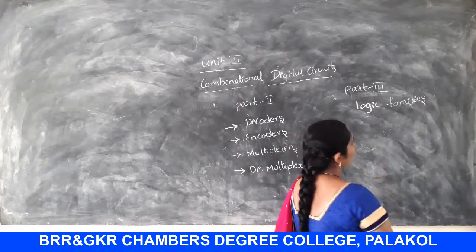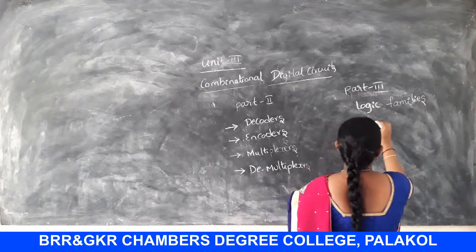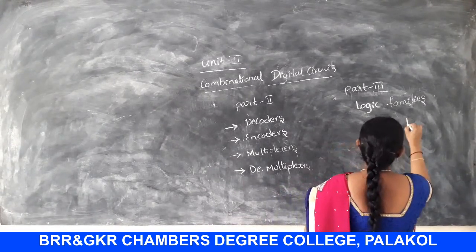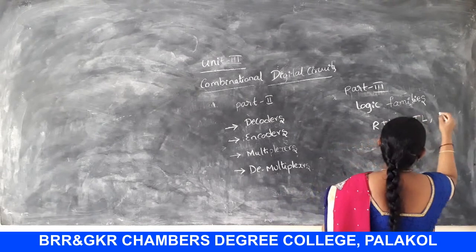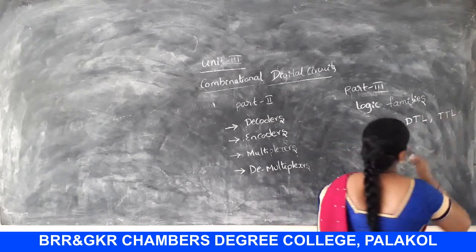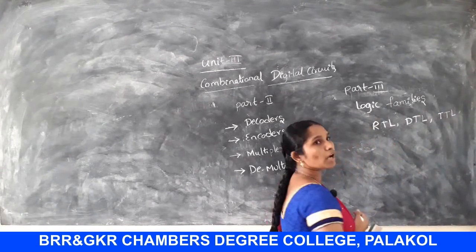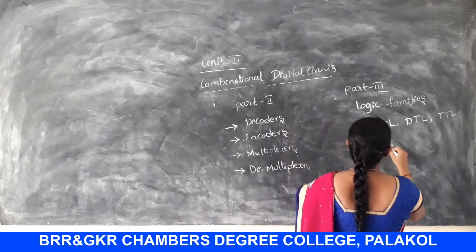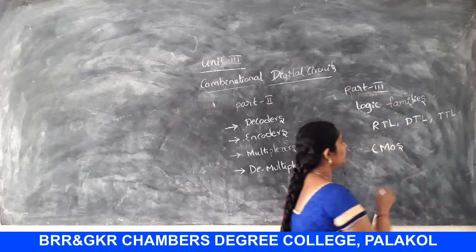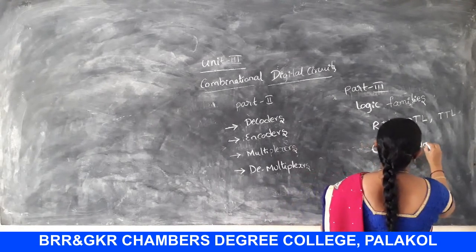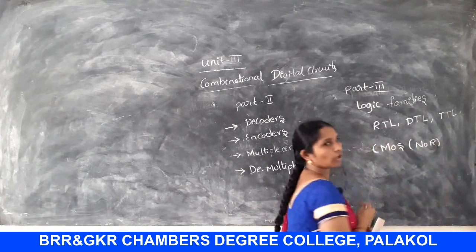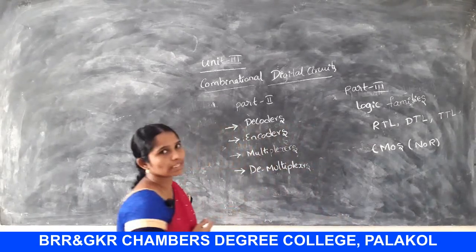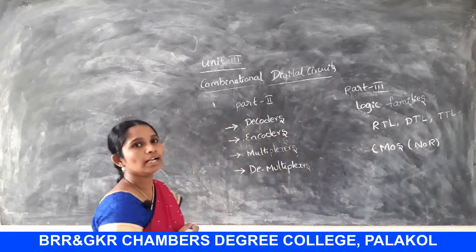Belonging to bipolar, we will discuss RTL, DTL and TTL logic families, and belonging to unipolar logic families, we will discuss the CMOS logic family. This is based on using NOR gate. Okay. So this is the syllabus of this unit number 3.